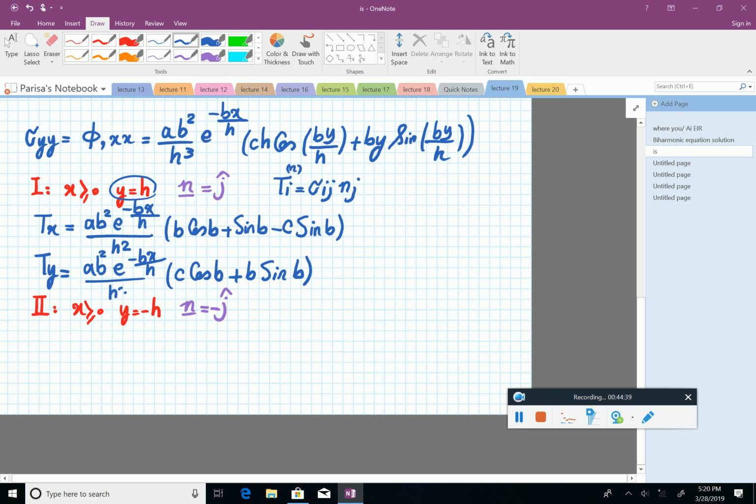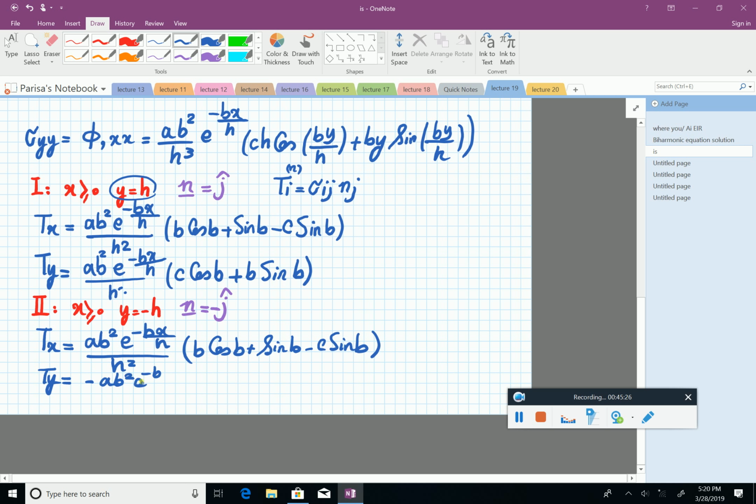So here tx will be very similar looking. And ty very similar to the above.